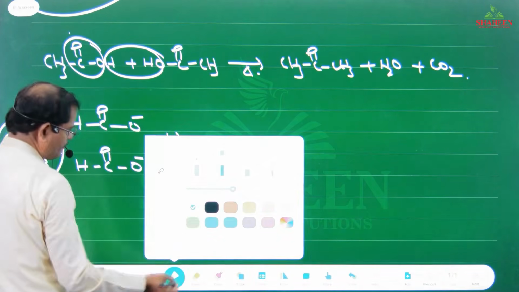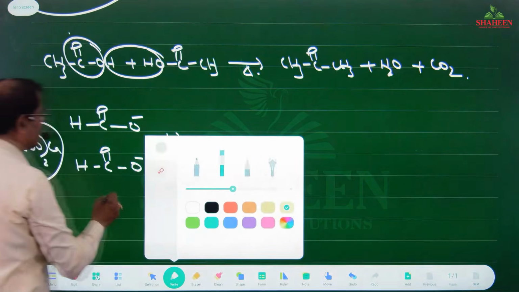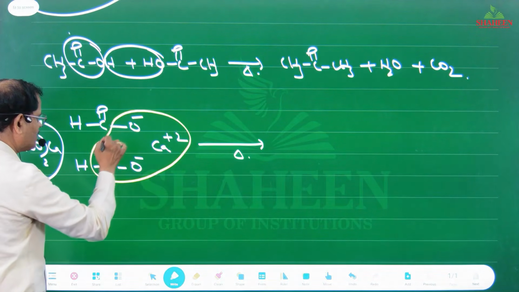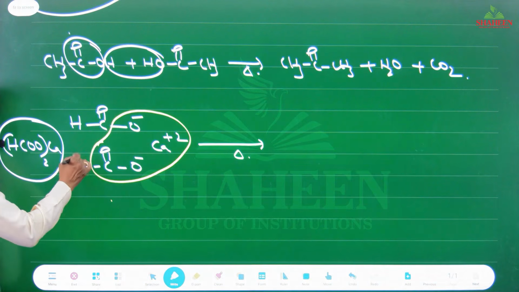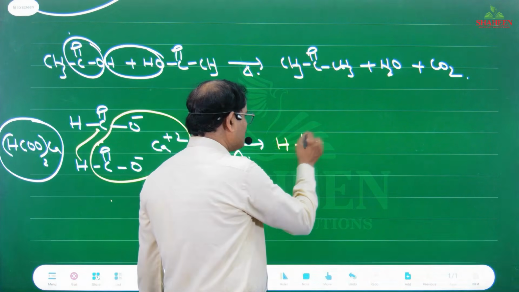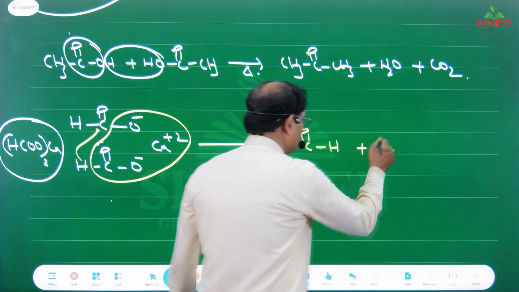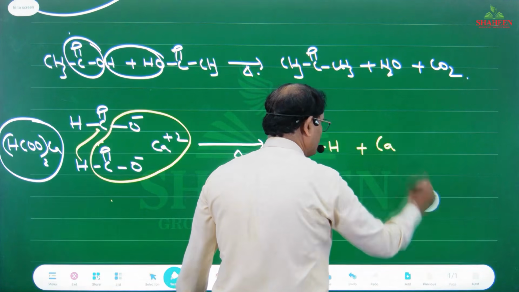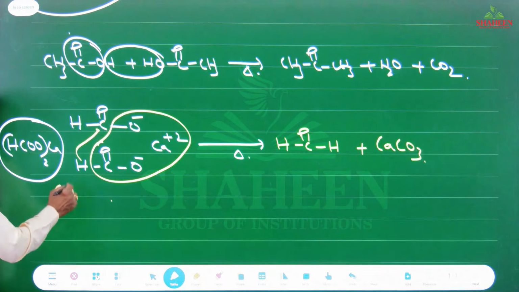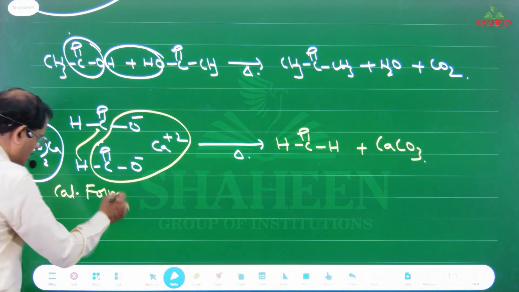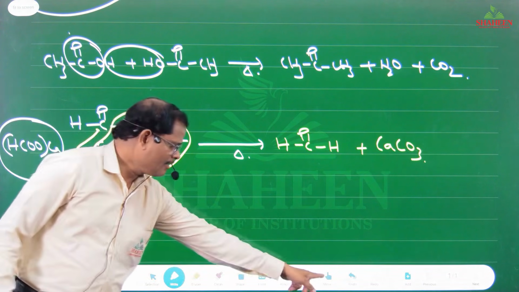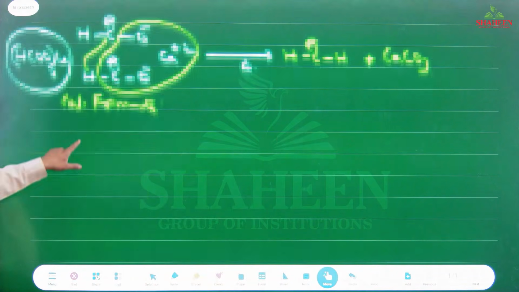On heating, by loss of calcium carbonate, this hydrogen is shifted to this carbon. That's why we have HCHO plus calcium carbonate. This is called calcium formate. When calcium formate is strongly heated, it gives formaldehyde.